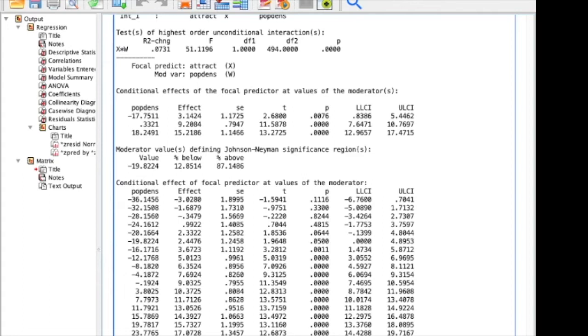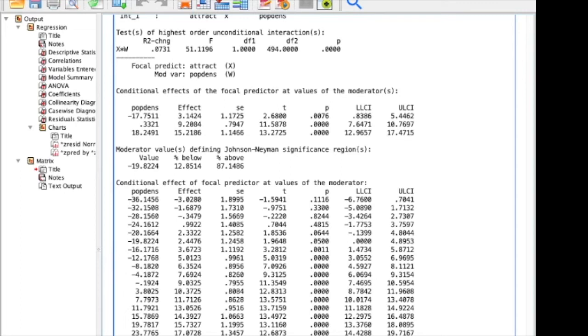So here, it's saying that for values below 19 units below the mean of population density, there's no relationship between attractiveness and number of souls harvested. But at values above negative 19, so if it's 19 units below the mean or greater, then there is a relationship between these.